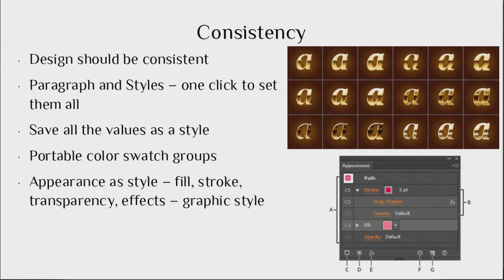You don't have to worry about whether the font size is conforming or not. And you can have appearances as styles as well. Appearances means what fill you're giving something, what stroke you're giving something, the transparency of the fonts, and also the effects. All these can be taken care of by the Illustrator tools.